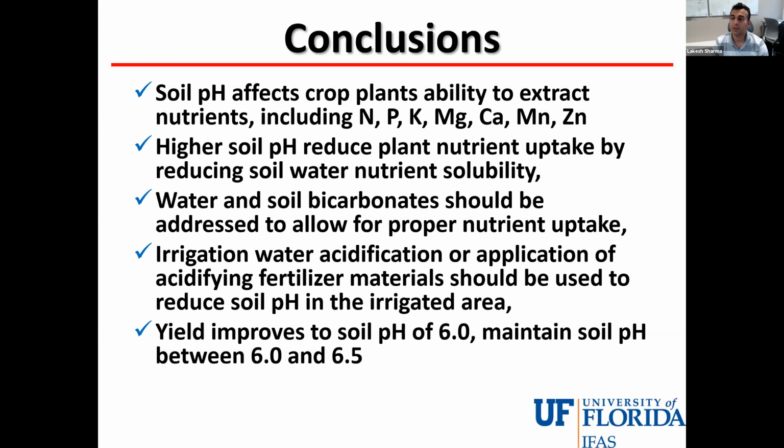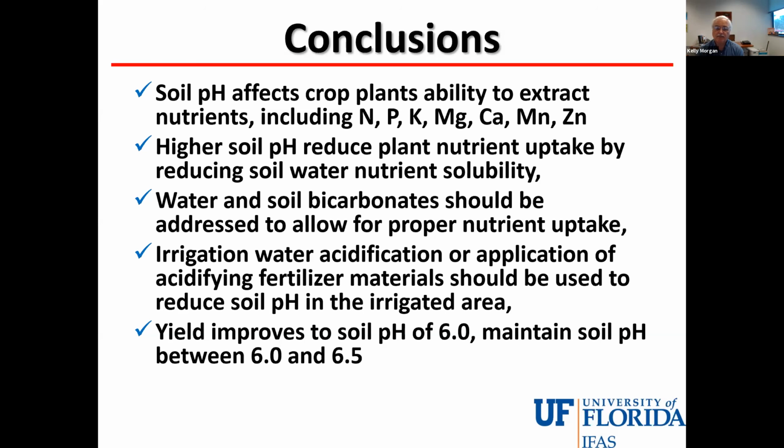Well, thank you. We have a question on economics. So what is the economics of reducing bicarbonates in water and soil? What we have found is as you reduce the bicarbonates in the soil, and this can take many years, the soil pH goes down.